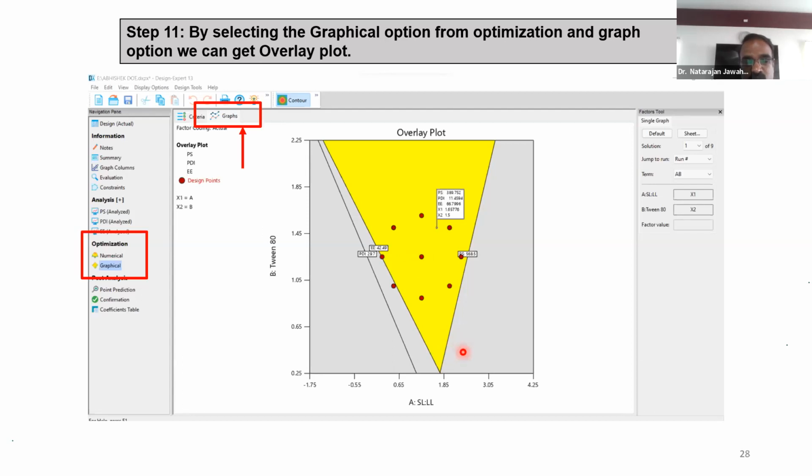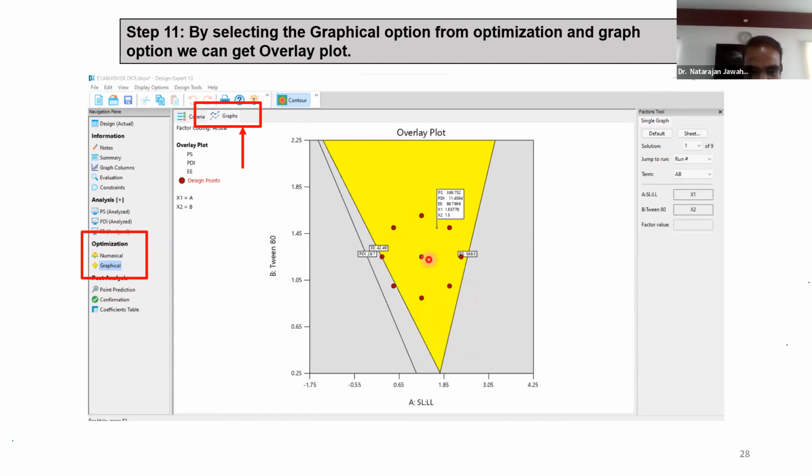This is called the design space. Here we have all the 9 points. If you click any of these design points, it will give the particle size, the factor A concentration, the factor B concentration, the entrapment efficiency, everything.